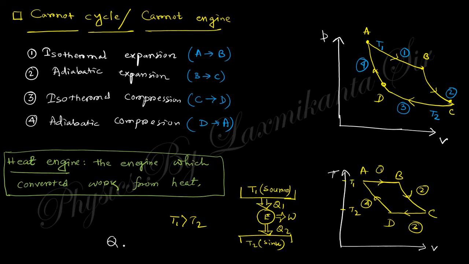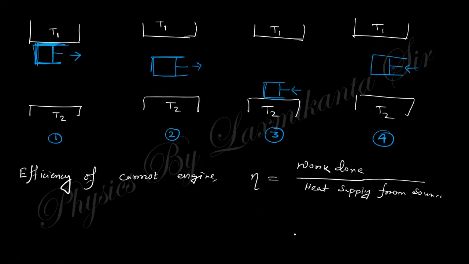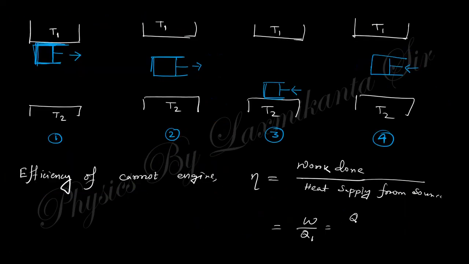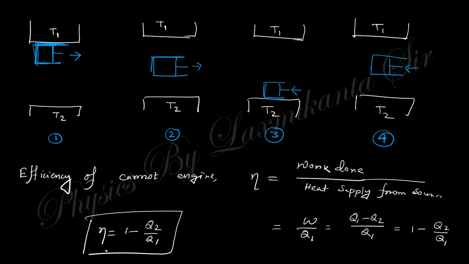So you can easily say that Q1 is W plus Q2. So W equals Q1 minus Q2. The efficiency is W by Q1, which is Q1 minus Q2 by Q1. So the efficiency will be 1 minus Q2 by Q1. This is the efficiency of the Carnot engine.